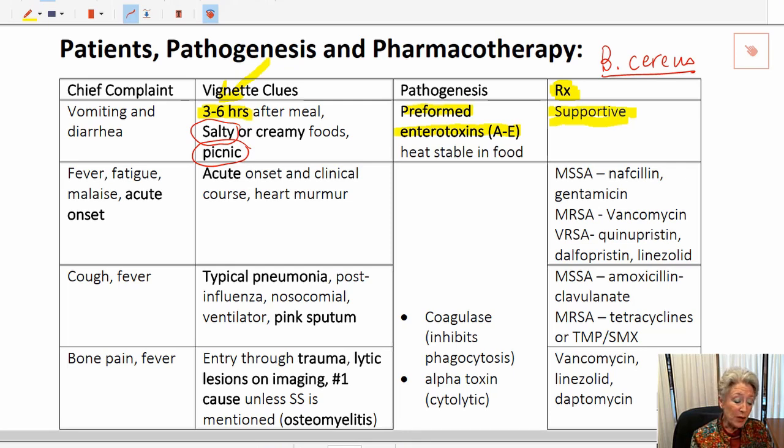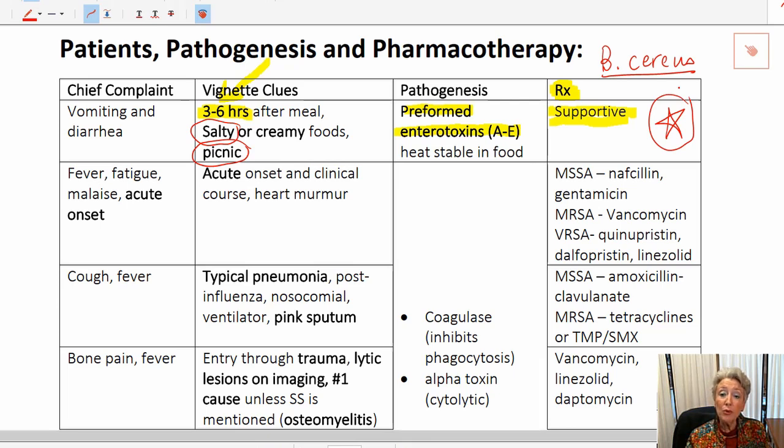Okay? Please make certain that you notice as you go through these notes, this has become an increasingly common question. And it's become an increasingly common question, in my view, because they recognize that drug resistance is getting to be such a problem.